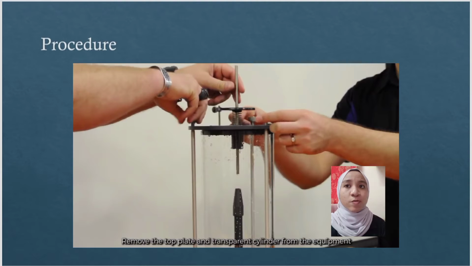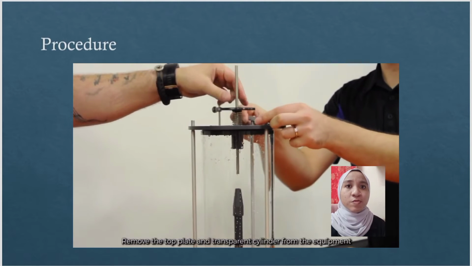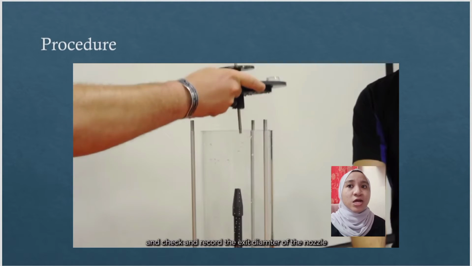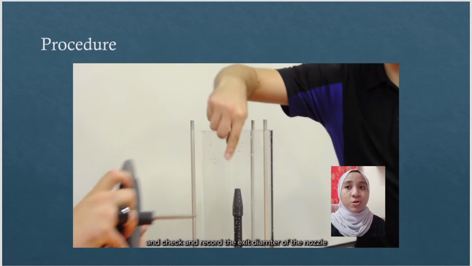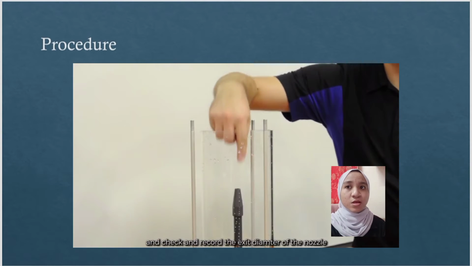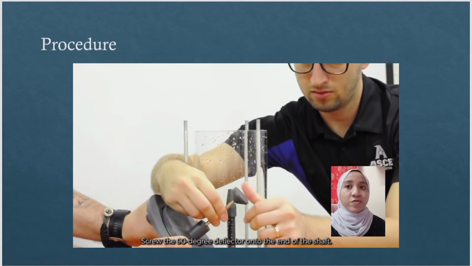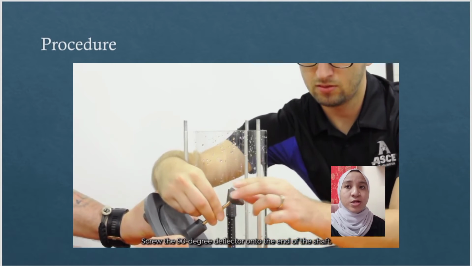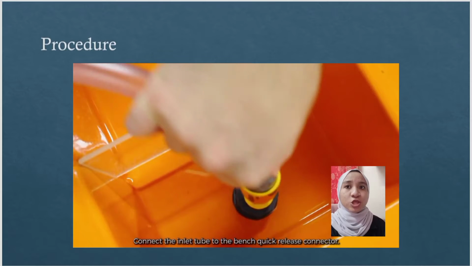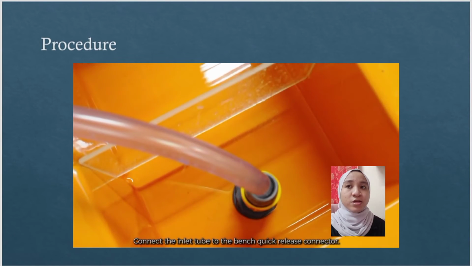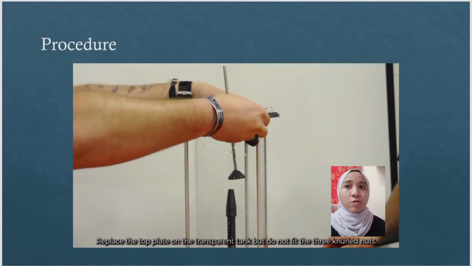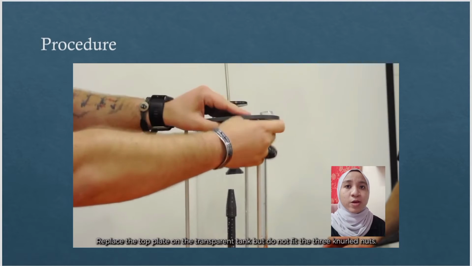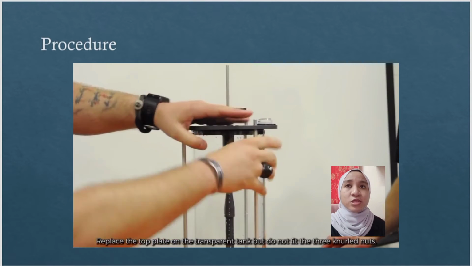Remove the top plate and transparent cylinder from the equipment and record the exit diameter of the nozzle. Screw the 90 degree deflector onto the end of the shaft. Connect the inlet tube to the bench quick release connector. Replace the top plate and transparent tank but don't fit the 3-knob nuts.